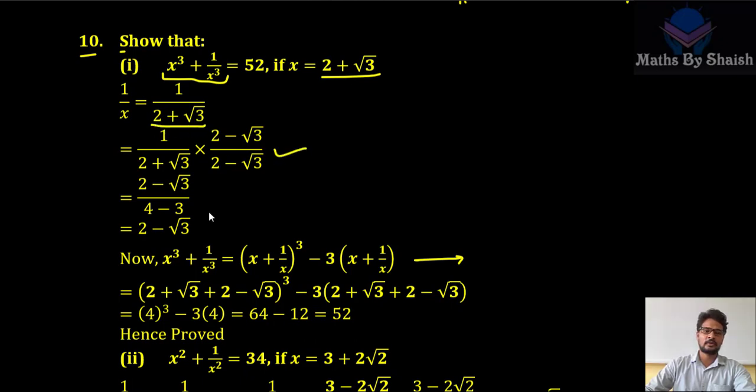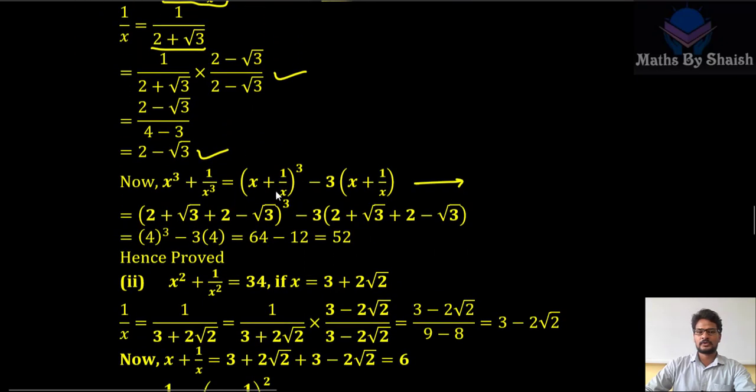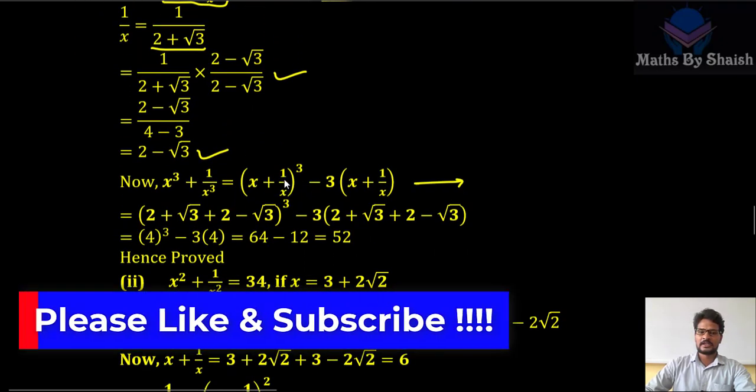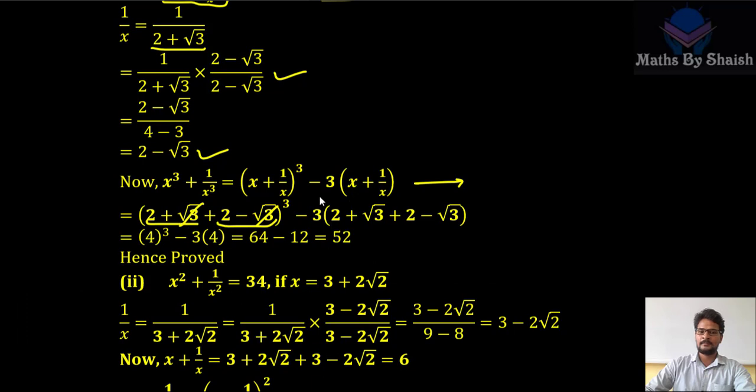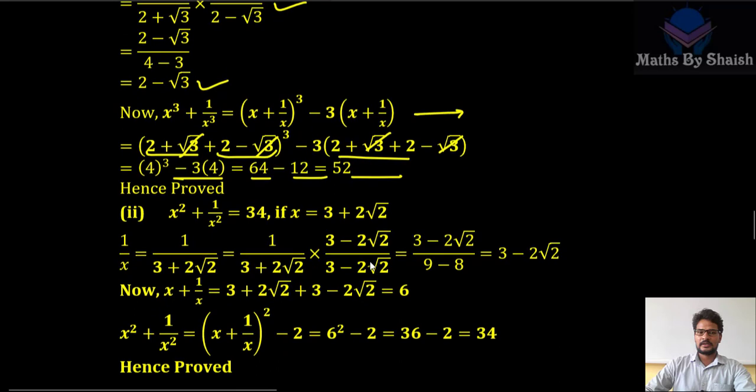We will rationalize the denominator, we will get this, and then it becomes very easy, because we have only the numerator, x plus 1 upon x. x is 2 plus √3, 1 upon x is 2 minus √3, these two get cancelled. Similarly here also it got cancelled, and you get 2 plus 2, 4 cube minus 3 times 2 plus 2, 4, and then 64 minus 12 is 52, and hence proved.